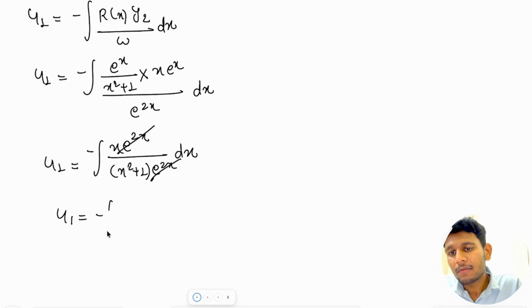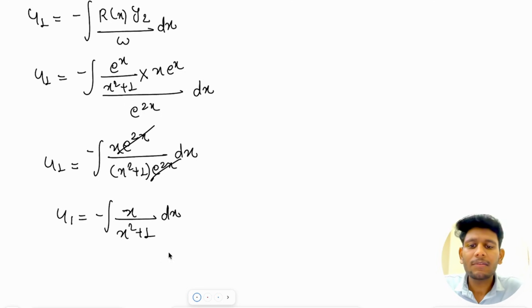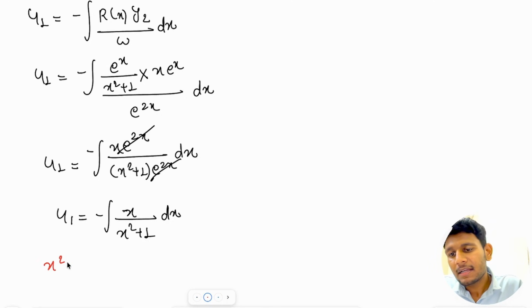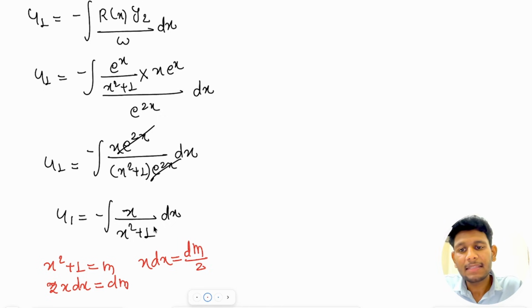So u1 is equal to minus integration of x upon x square plus 1 dx. How will you solve this? Very easy. Just consider x square plus 1 is equal to m, then 2x dx is equal to dm, or simply x dx is equal to dm by 2.